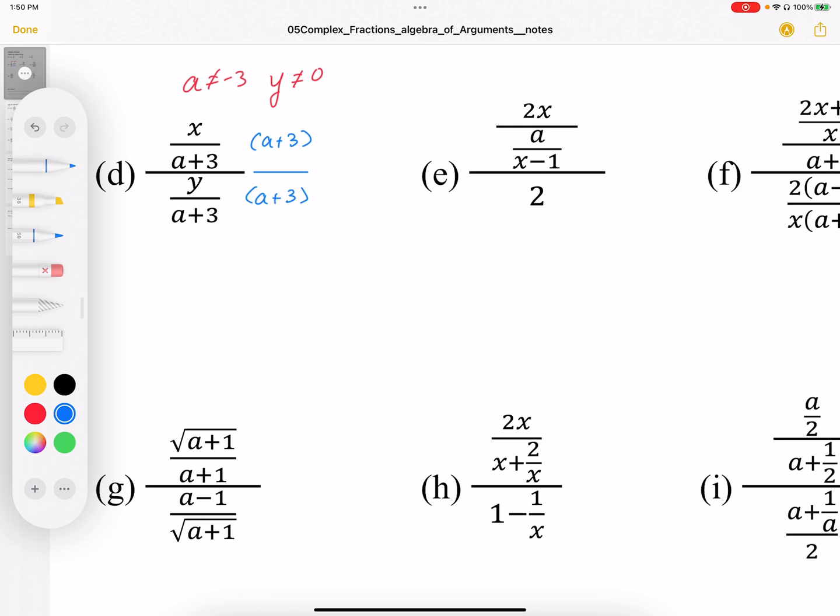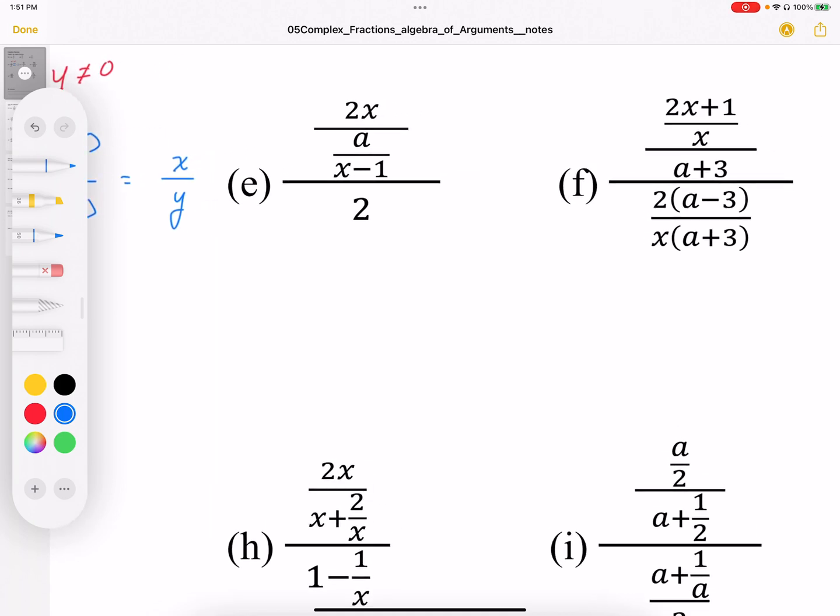But that allows the denominator in the numerator to cancel out. It allows the denominator in the denominator to cancel out there. And then we end up with x in the numerator over y in the denominator. So there's a few different strategies that we can use. So one of them is to get rid of a divide in a complex fraction with a multiplication.